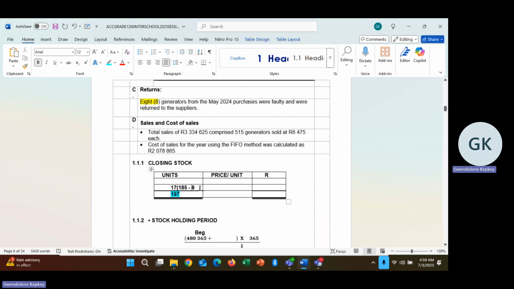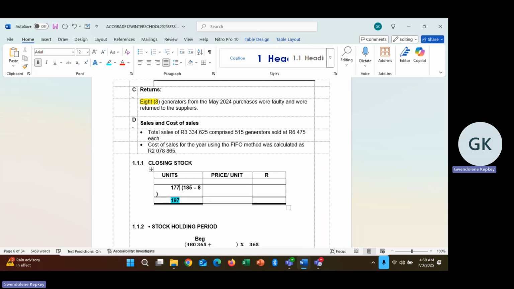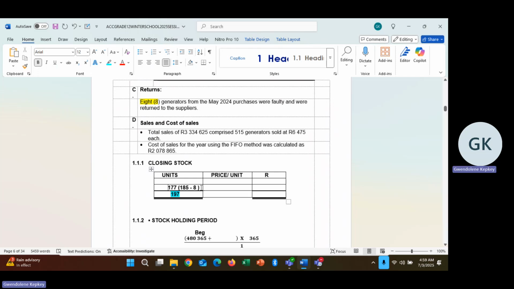Okay, so I'm showing how I got to the 177 items that I have left. Then you can automatically see that the items for the month of Feb will be the 20 items.